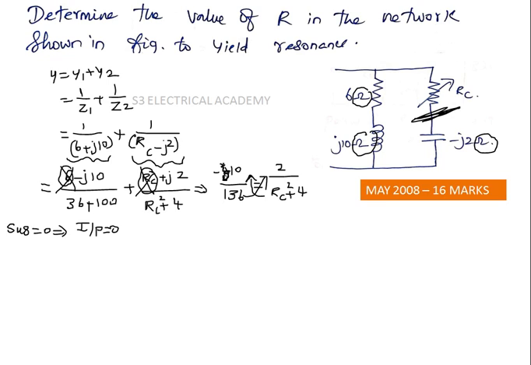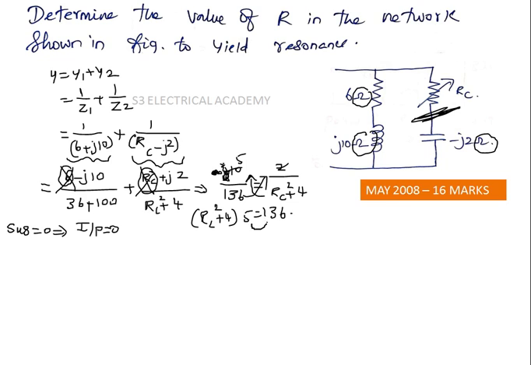Just ignore J here. Ignore the J as well as the modulus of capacitance, which is equal to minus RC square plus 4 into... which is equal to 5. So 5 which is equal to 136.